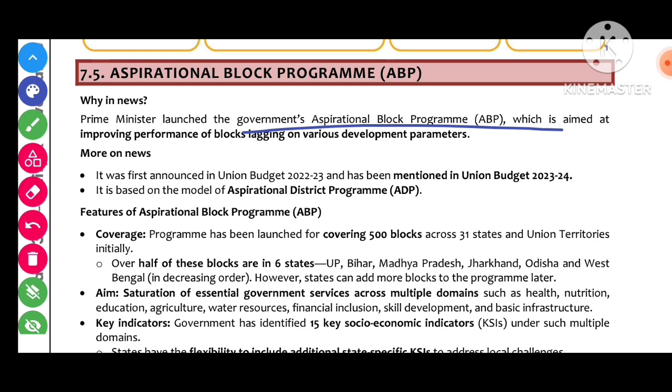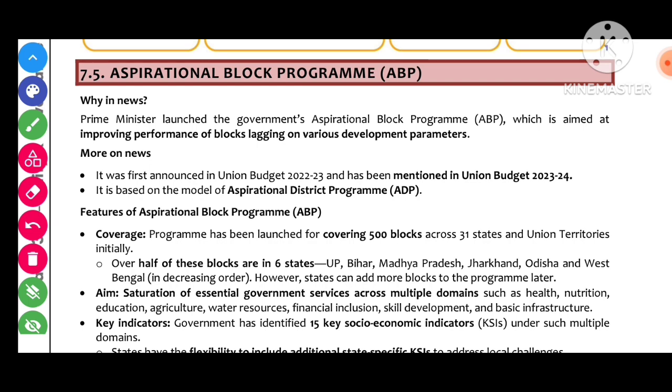Okay, which is aimed at improving performance of blocks lagging on various development parameters, and aspirational block program awaits the aspirational district program. These are two coextensive schemes which were created by the Prime Minister in budget 2022-23.